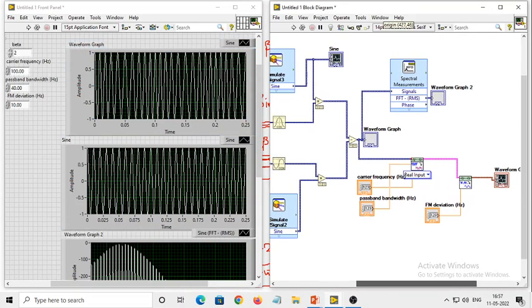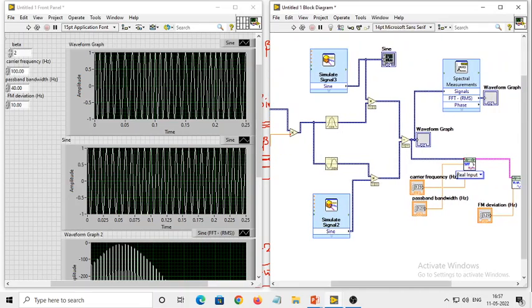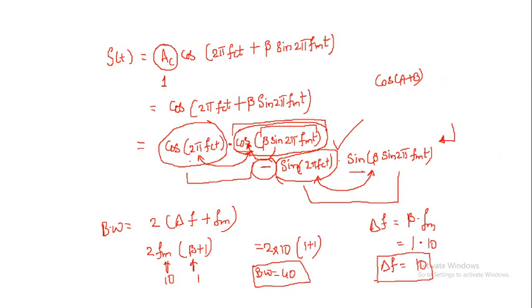So let me also plot the original message signal. So what will be my original message signal? This is coming from my original message signal, which is nothing but cos 2 pi fmt. So why does this become my original message signal?